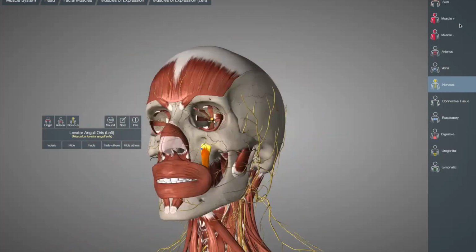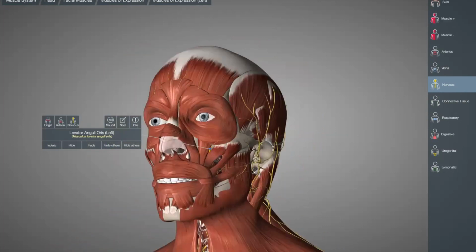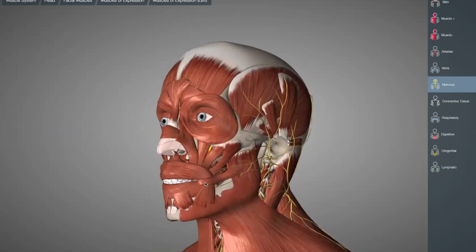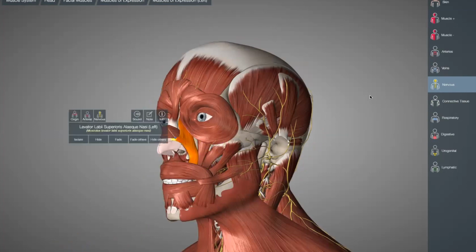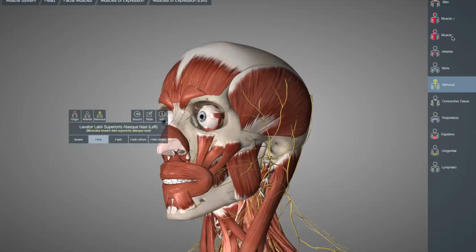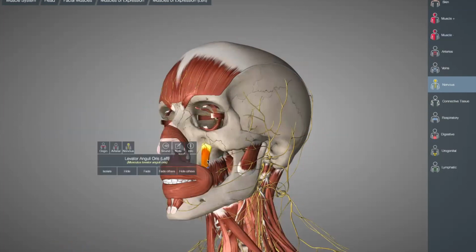Levator anguli oris is also in the upper part. So the upper ones are risorius, zygomaticus major, zygomaticus minor, levator labii superioris, levator labii superioris alaeque nasi, and levator anguli oris.